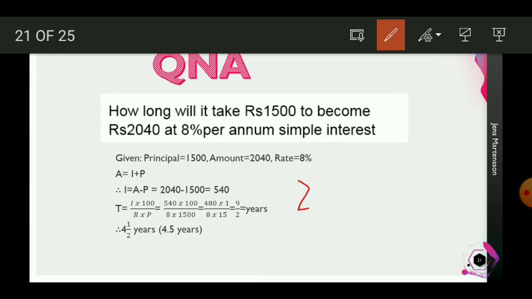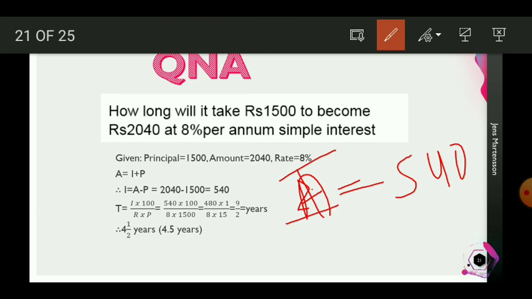They have given us how long will it take this much to become this much at 8% per annum. First of all we need to find out the interest, because we have not been given the simple interest. How to find it? 2040 minus 1500. It's the reverse of the question which we did just now. So we got interest as 540.